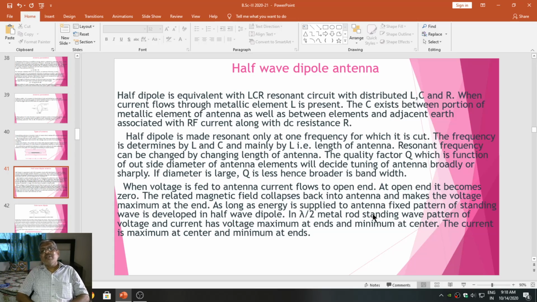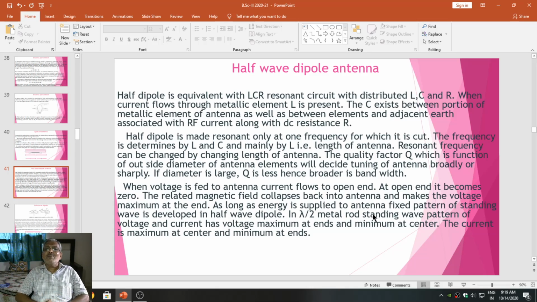A half-wave dipole is made resonant only at one particular frequency for which it is cut. Means the designing of that particular half-wave dipole plays a very vital role. It should be cut in a proper manner so that it is resonant for only one frequency, the one at which the transmitter transmits. That resonant frequency is determined by the L and C represented in the half-wave dipole.